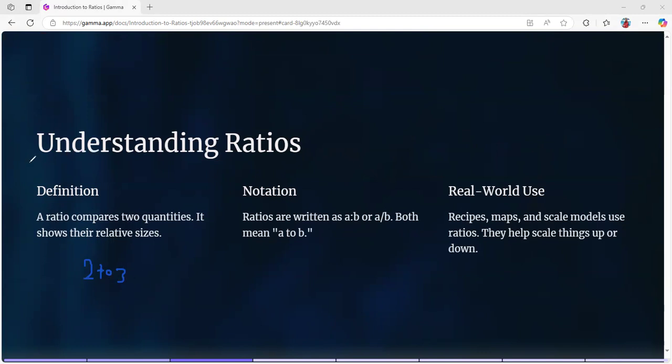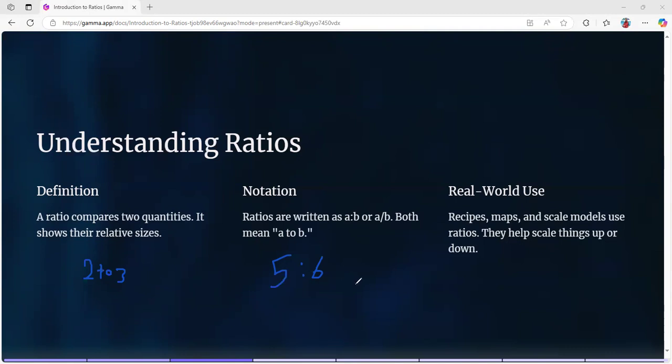Also, we can write ratio as A to B, like this. A number, for example, 5, to another number, which is 6, for example. 5 to 6, we can write a ratio in this form also, 5 to 6. Or we can write a ratio like a fraction, 5 over 6.